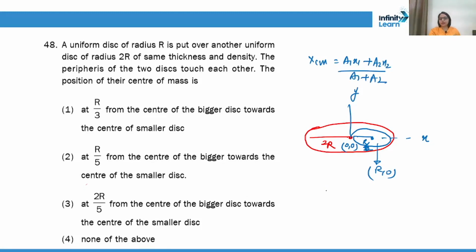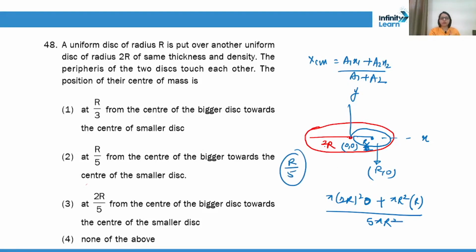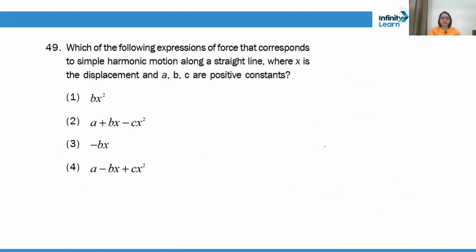So a1 is the area of the first disk, which is pi into 2r whole square, into x1 which is 0, plus a2 which is pi r square into x2 which is r, divided by a1 plus a2, which is 5 pi r square. So the center of mass will be r by 5 distance from the center of the first disk, right? Which is option 2.